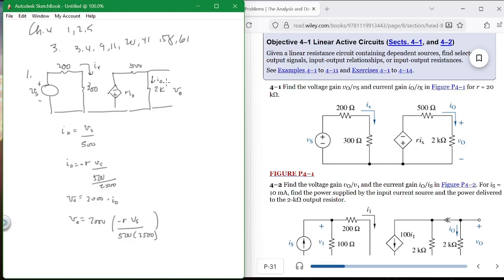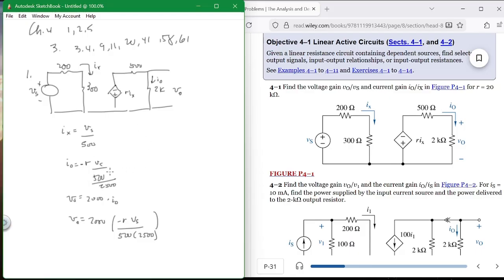It's opposite of Io. So it would be Io is minus R times Ix, then divided by 2,500.